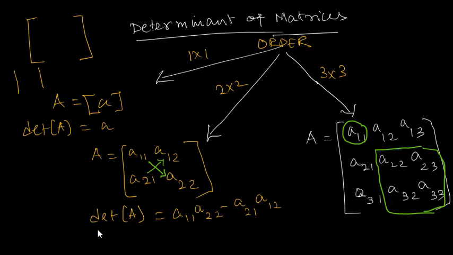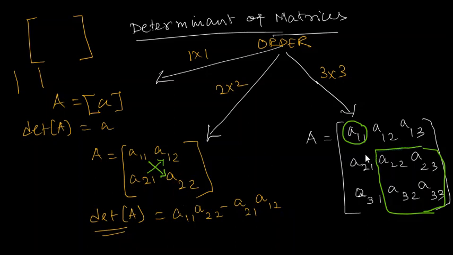The determinant is given by multiplying diagonally: A11 into A22. Then when we go upward, you have to put a minus sign: minus A21 into A12. So this gives the value of the determinant of A of 2 by 2 order.